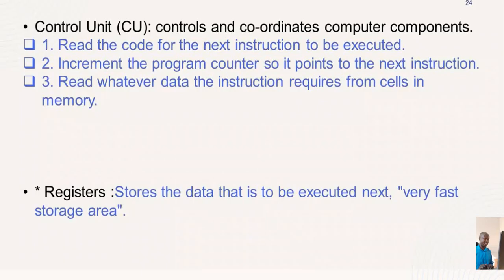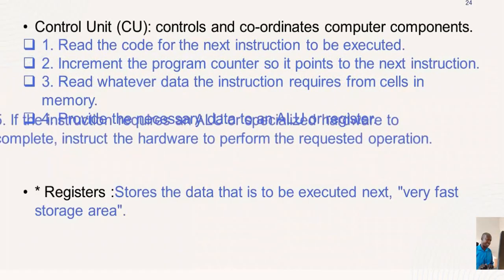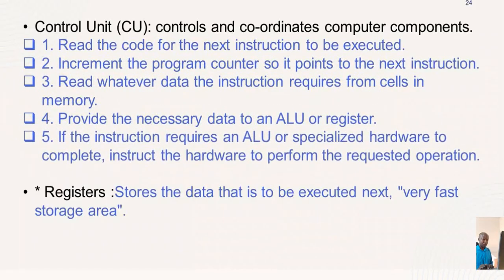Read whatever data the instruction requires from cells in memory. Provide the necessary data to an ALU or register. If the instruction requires an ALU or specialized hardware to complete, instruct the hardware to perform the requested operation.